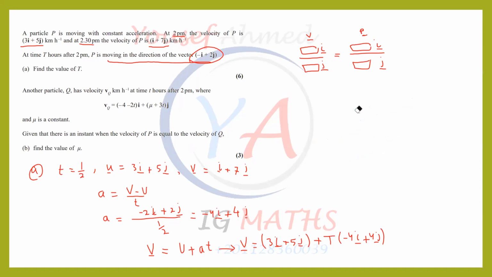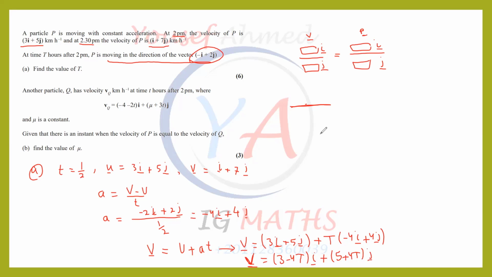We have the vector, so we can just expand first. v is equal to 3 minus 4t in the i direction, added to 5 plus 4t in the j direction.